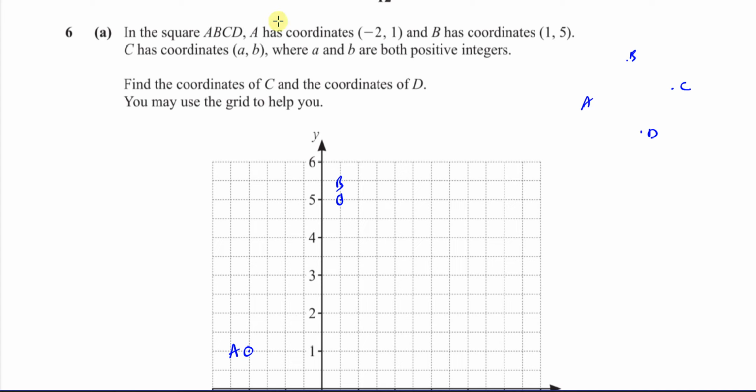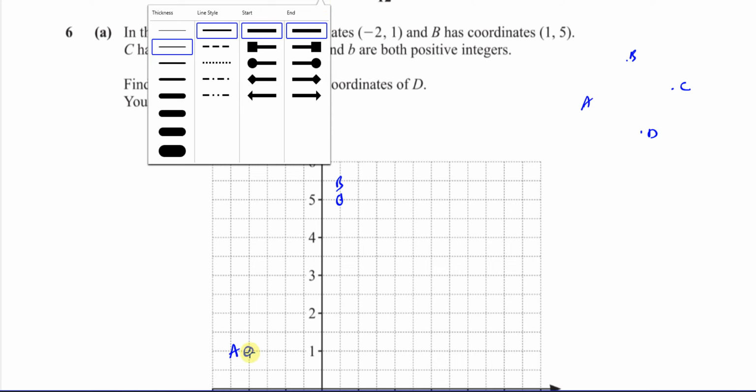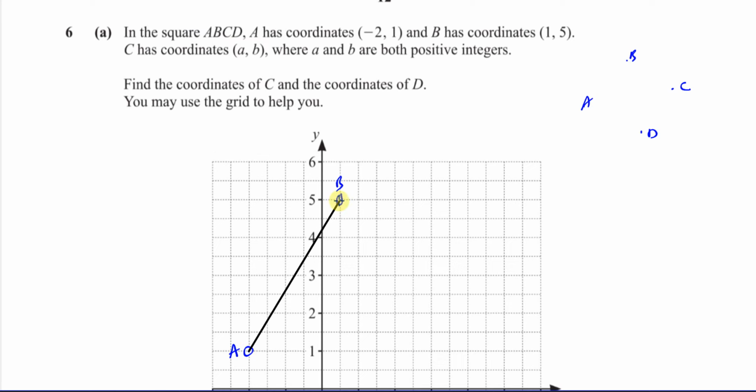So what do we know about squares? Well, a square is a type of parallelogram, so the opposite sides are equal to each other in length and parallel. So this would be one side, AB.